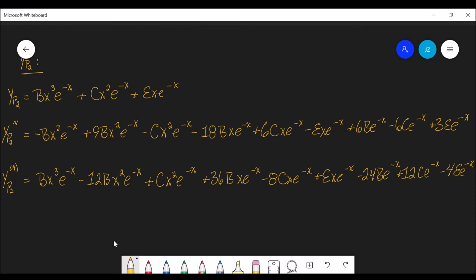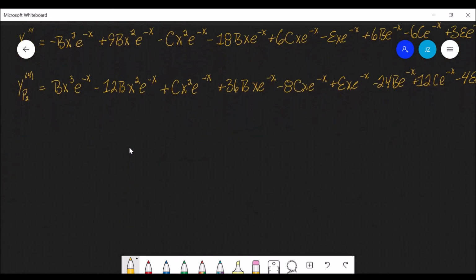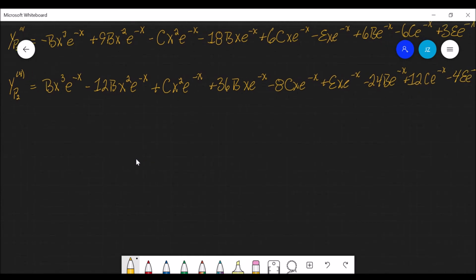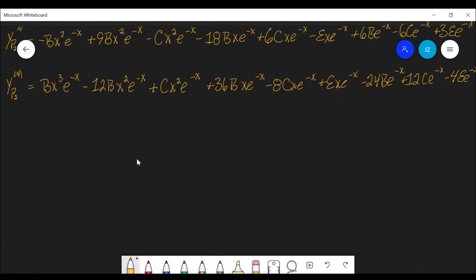You just need to verify that once you simplify and group like terms together, we will get negative 3b x squared e to the minus x plus negative 18b minus 2c x e to the minus x plus negative 18b plus 6c minus e, times e to the minus x.